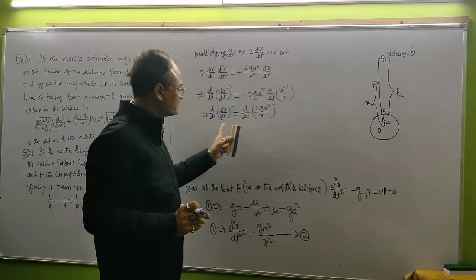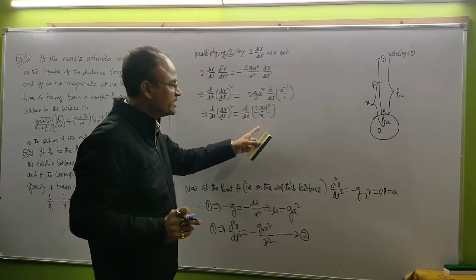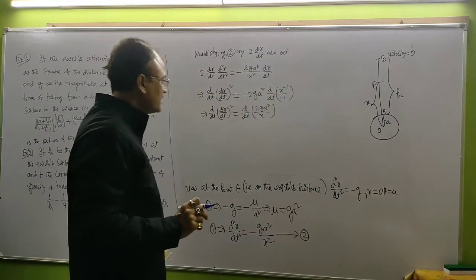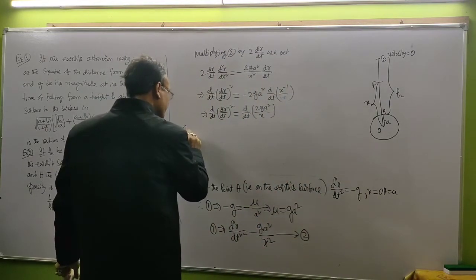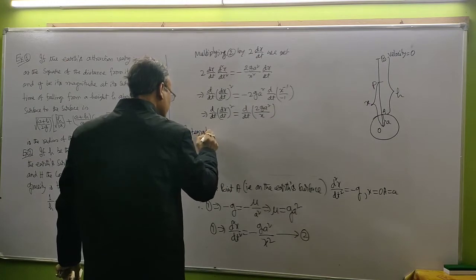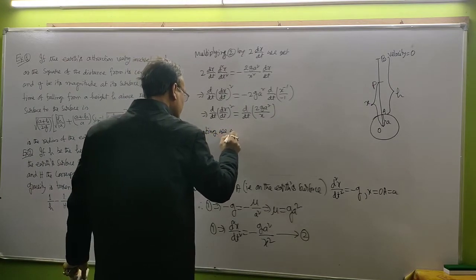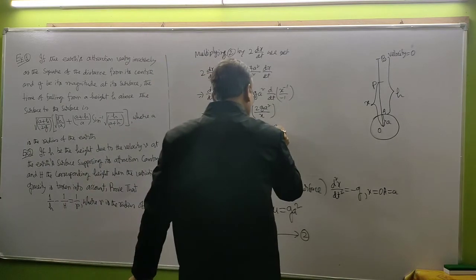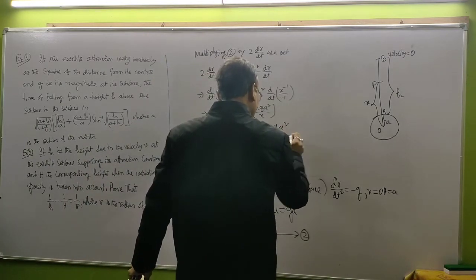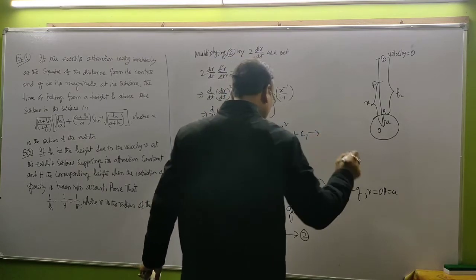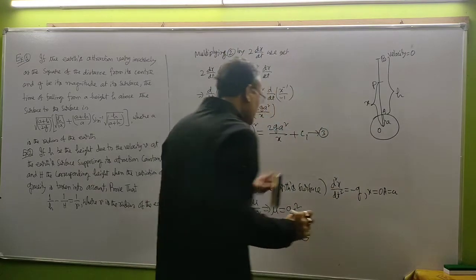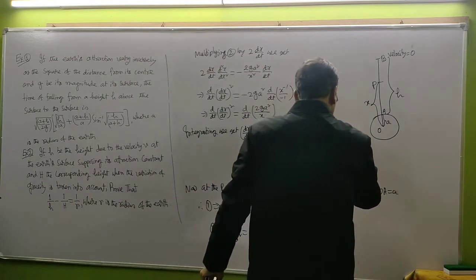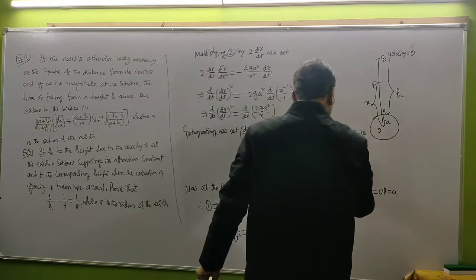Integrating, we get dx by dt whole square equals 2 g a square by x plus c1. Suppose this is number 3, where c1 is the constant of integration.